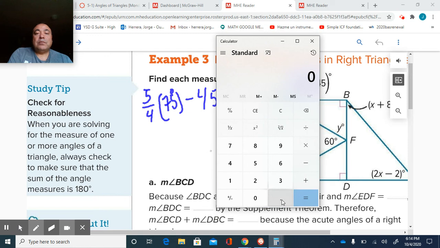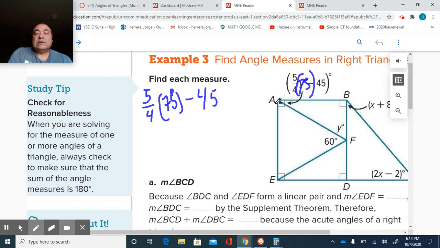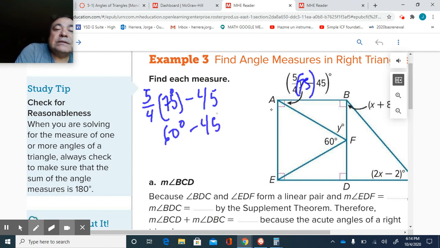So I want to go 0.8 times 75 degrees. Let's see what we get. We're going to get like around 60 or something like that. Yep, 60 degrees. So I'm going to go here and say, well, I got 60 degrees minus 45 degrees. Therefore, what I have here is 25 degrees.